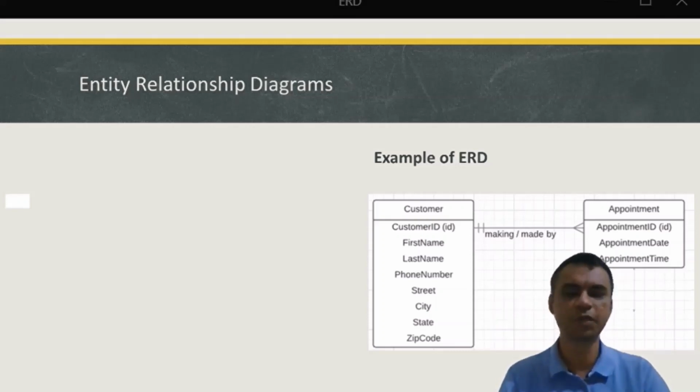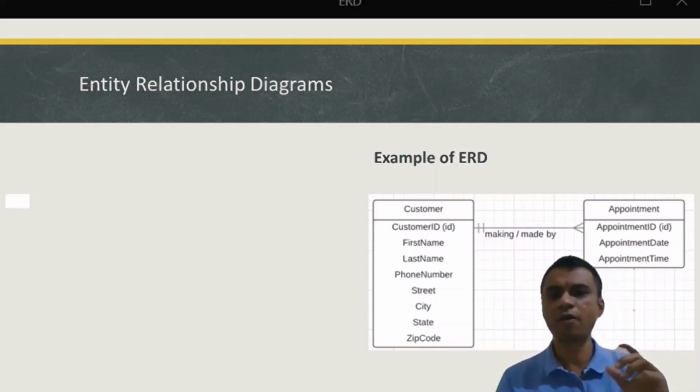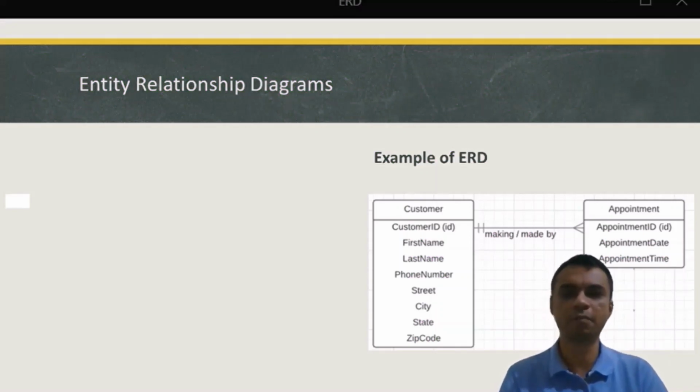You may be a car servicing center, where different customers are booking their appointments, right? One customer can have multiple appointments. They may book one this week, another one next week, or another one after 6 months. All of these are multiple appointments from the same customer, right?